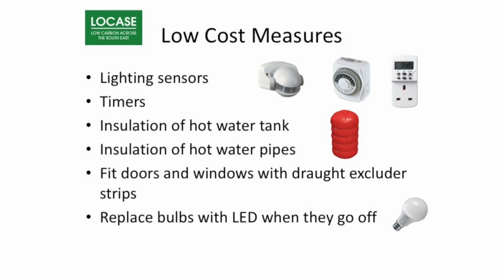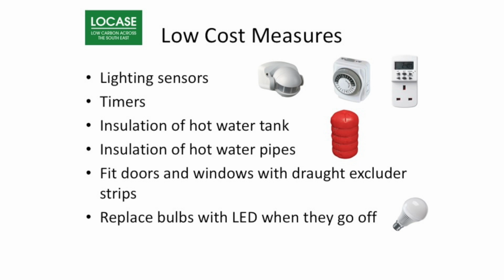Then you can cover your hot water pipes in insulating material, bought for around £1 a meter from a DIY store, which could also save you money. You can begin with the pipes between your boiler and hot water cylinder. Also, you can fit doors and windows with draught excluder strips. This can prevent energy wastage. And finally, you can just replace your bulbs with LED as and when they go off.